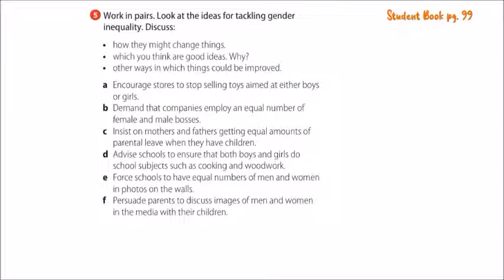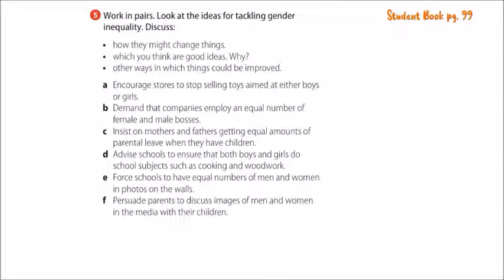B, demand that companies employ an equal number of female and male bosses. C, insist on mothers and fathers getting equal amounts of parental leave when they have children. D, advise schools to ensure that both boys and girls do school subjects such as cooking and woodwork. E, force schools to have equal numbers of men and women in photos on the walls. And F, persuade parents to discuss images of men and women in the media with their children.